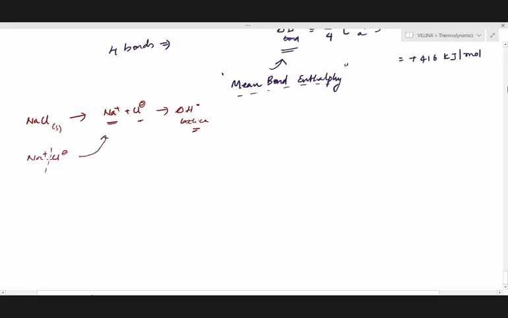So the net bond dissociation enthalpy will be in terms of lattice enthalpy, and where exactly we are placing these Na plus ions, are they in the gaseous state, the solid state, or the liquid state, that is aqueous state, that will alter the net delta H value. That part we will discuss.